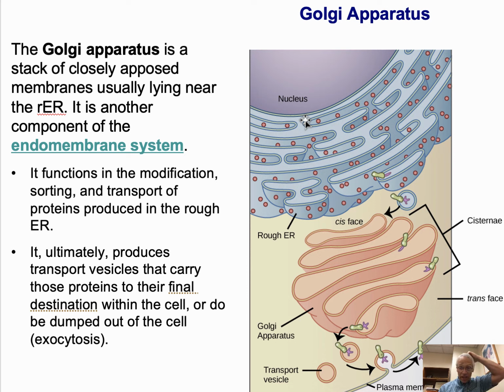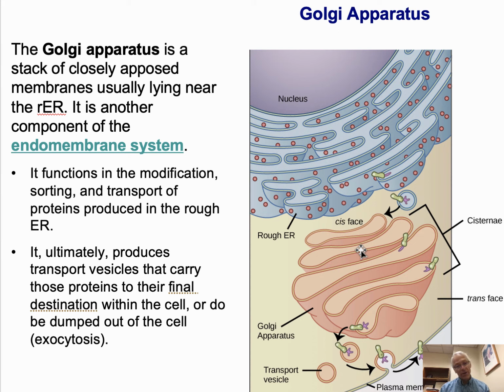This is a good slide to pause on right here, and it shows what happens when a substance is made on the rough endoplasmic reticulum. It could be a protein that's synthesized by the ribosomes that are there, and often that protein will be packaged up into a little bubble of membrane that comes off of the rough ER, and that will fuse with the Golgi, and the contents will enter the Golgi apparatus.